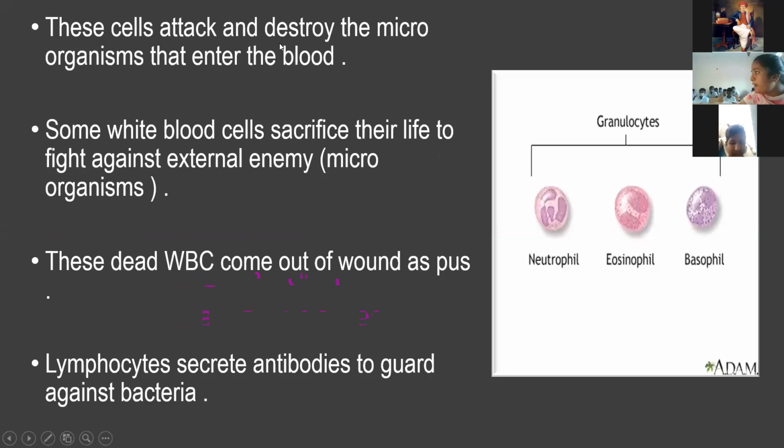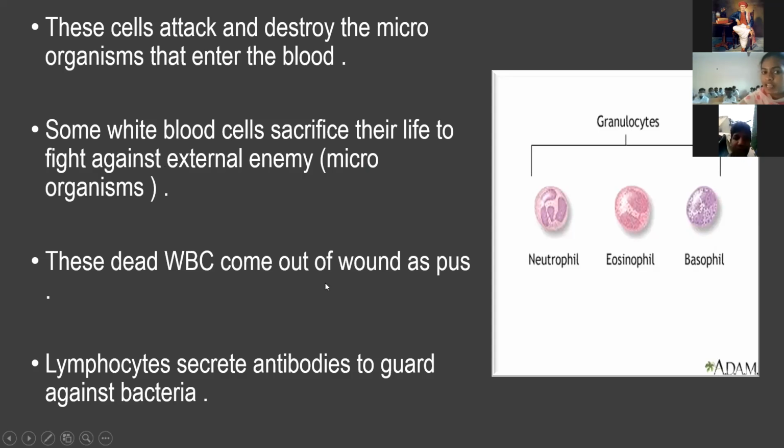The white blood cells attack the microorganisms. When microorganisms enter into the human body, the white blood cells attack them to fight against them.